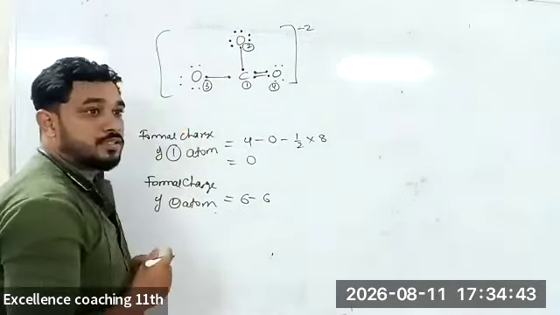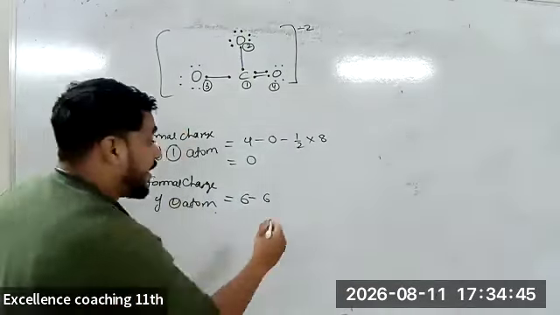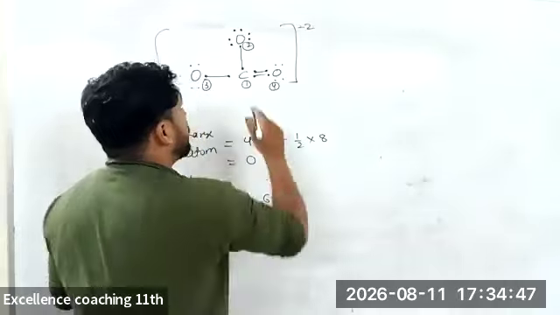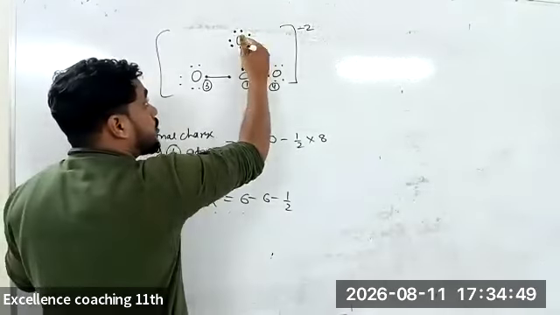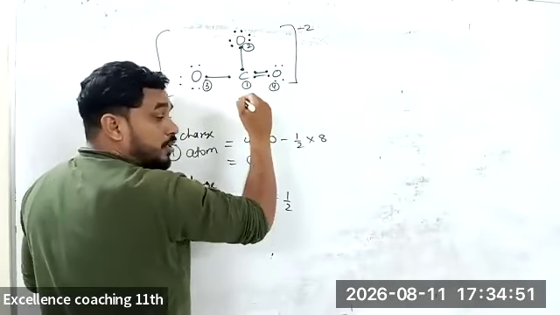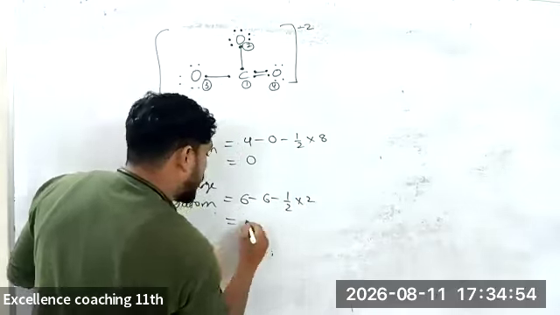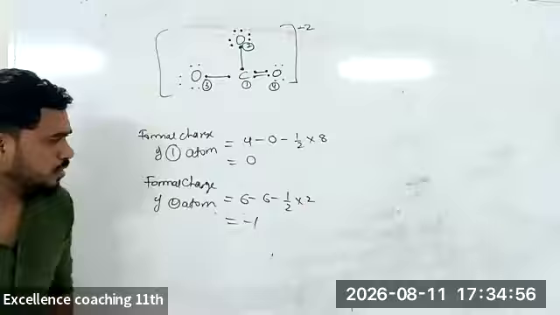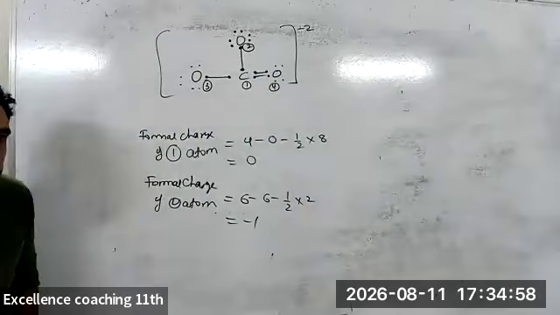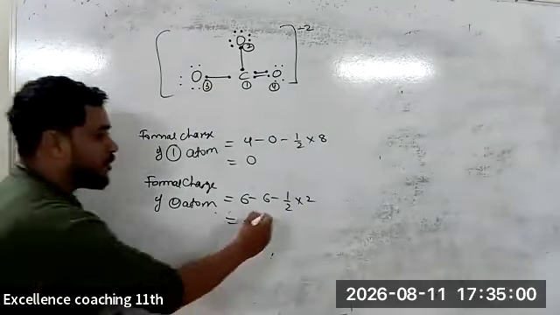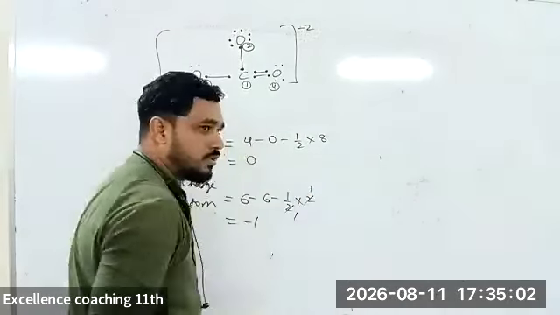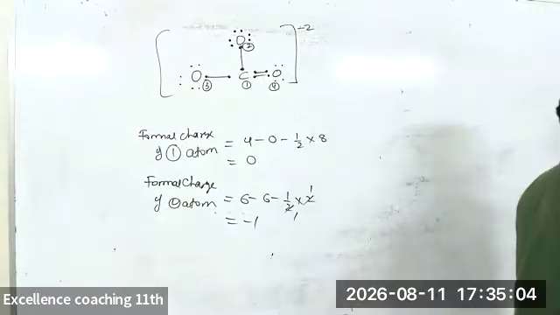I will write here: 6 minus half into number of bond pair of electrons of this oxygen atom. 1 and what? 2. So answer will be what? 0? Minus 1. 2 ones are 2. Minus 1. 6 minus 6 is 0.